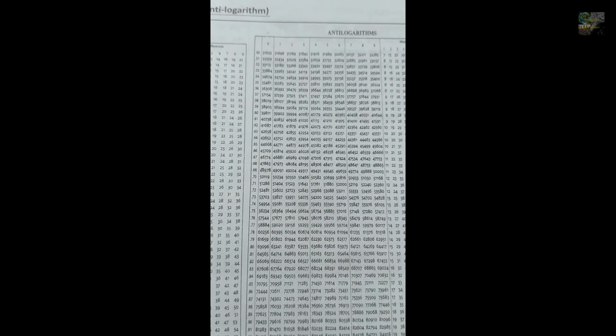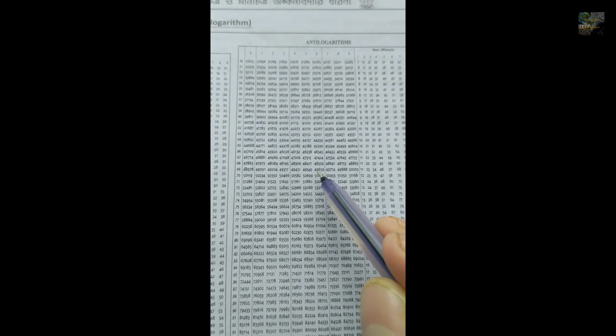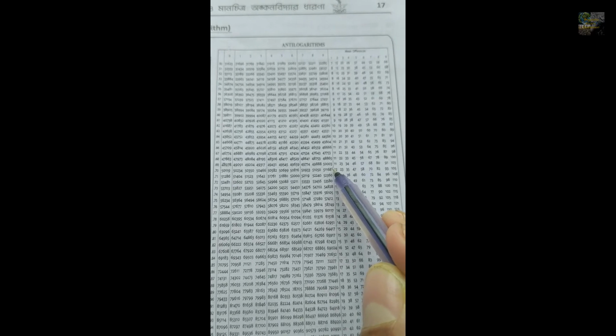So 0.69 is the row and 9 is the column. In the 9 column you can see that the value is 5000.3, and the mean difference is 2.